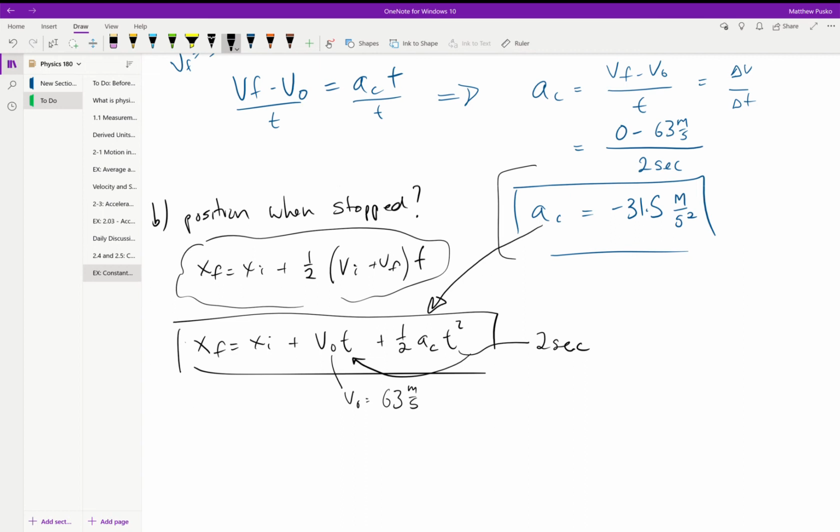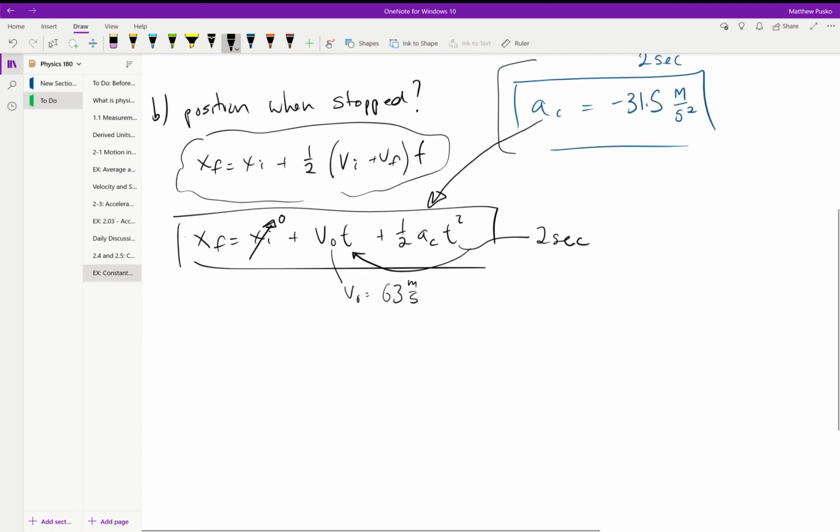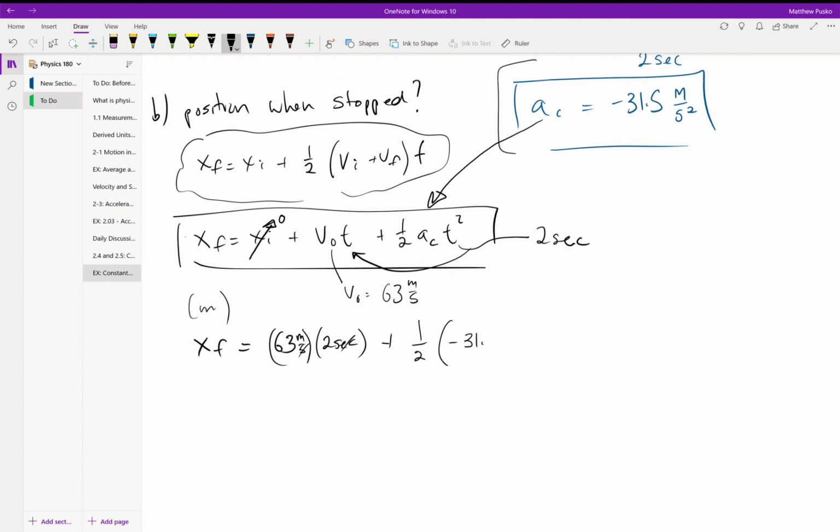If we're calling the first arresting cable 0, we can go ahead and cross out the initial position. So we get x final is going to be equal to 63 meters per second times 2 seconds. Those will cancel to give us a meter, and this should come out in meters, right? It's a position. And we're going to add 1/2 times our acceleration, negative 31.5 meters per second squared, times the 2 seconds, and that's squared. Don't forget that one right there. I see that all the time.